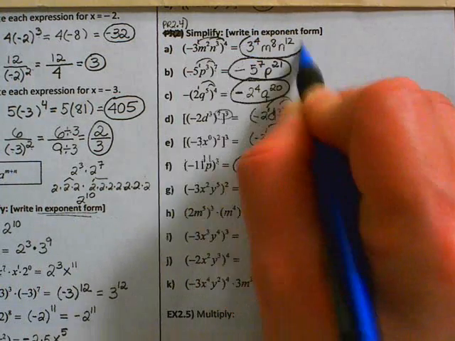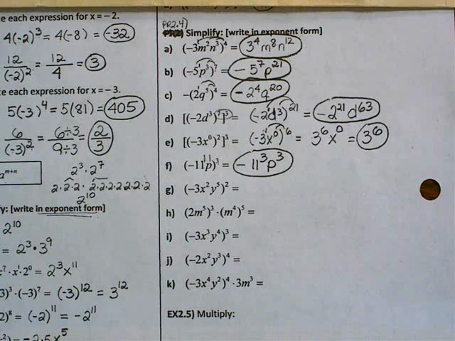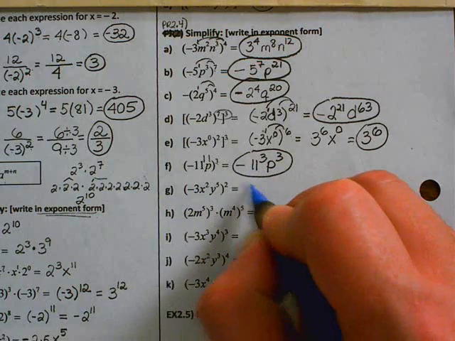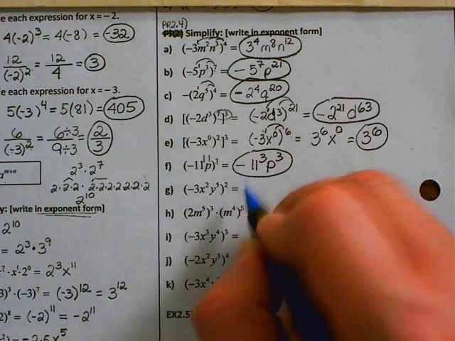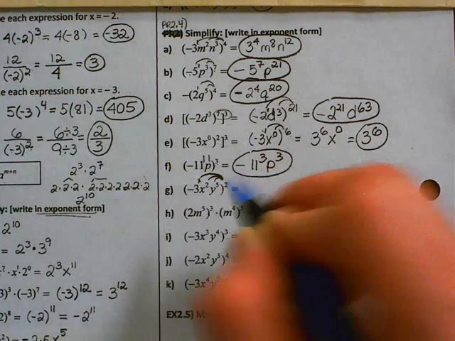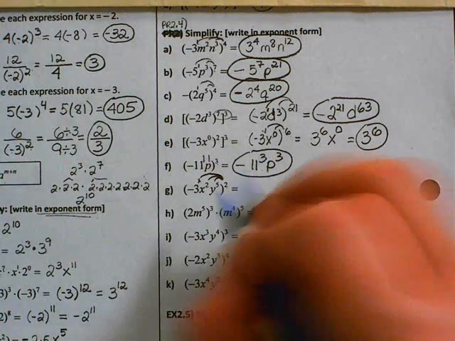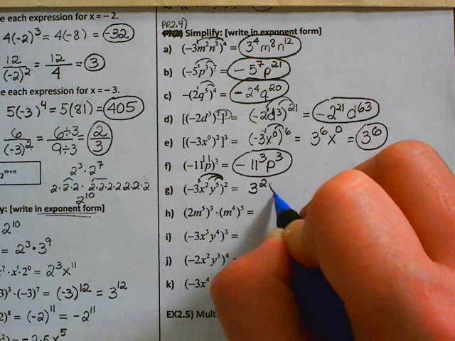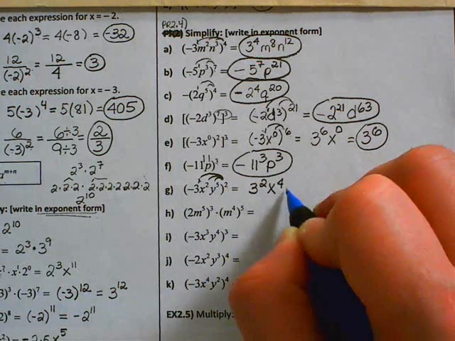Alright, very well. Let's do letter G now. The negative will disappear because it's an even power. There's an invisible 1. So when I use the distributive property, this is going to become 3 to the 2nd, x to the 4th, y to the 10th.